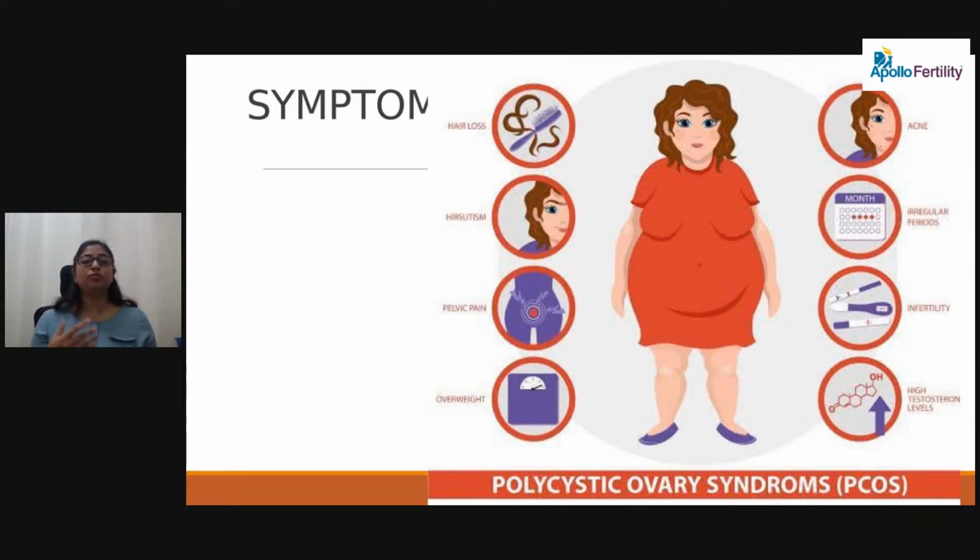The woman may tend to be overweight, or have a sudden increase in weight, or find it difficult to lose weight. Other features are hair loss, and sometimes infertility. Not all PCOS women will have all the symptoms, and not all will suffer from infertility. It's a human body, and changes and variations are always there.